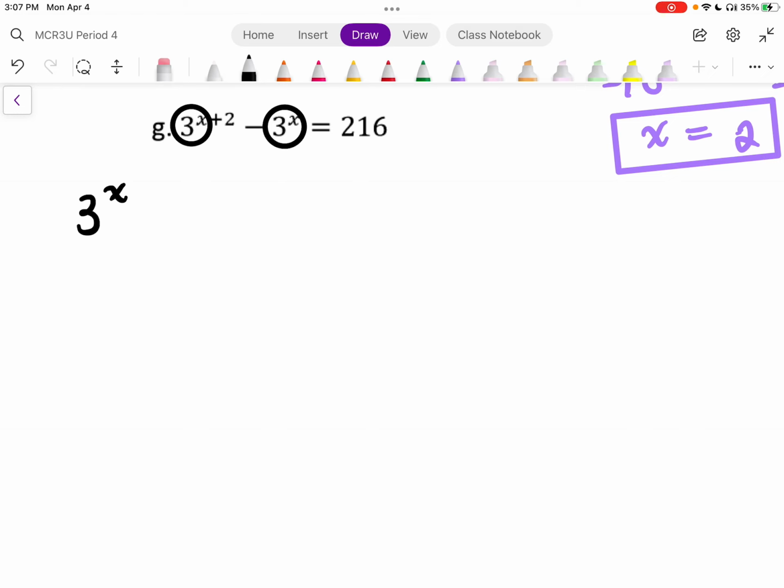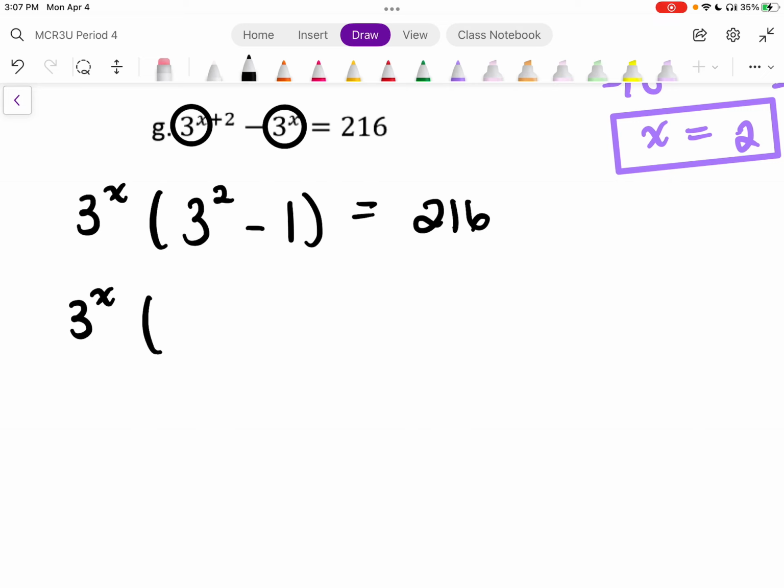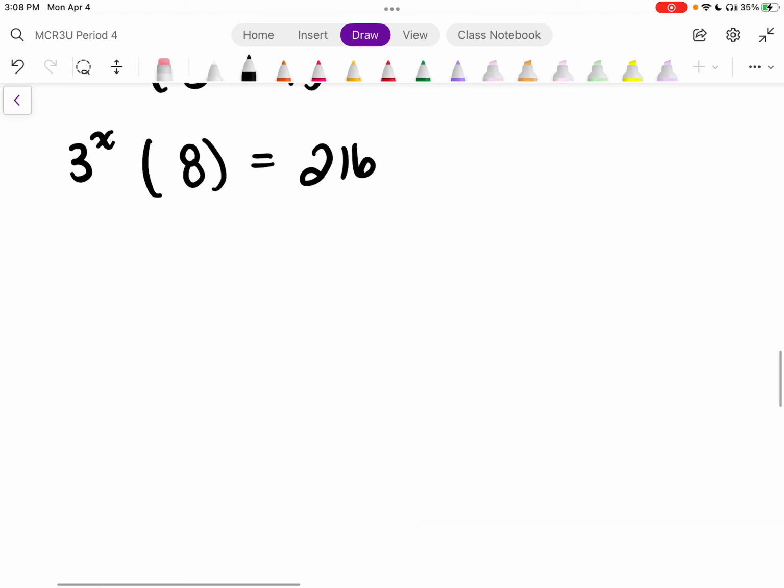Then I'm left with, and this is like a thinking and inquiry type question, I'm left with 3^x times (3 squared minus 1) is equal to 216. So what I'm actually going to do is just do that math in that bracket. So 3 squared is 9 minus 1, I'm left with 8 times 3^x equals 216. Both sides, I'm going to get rid of the 8.